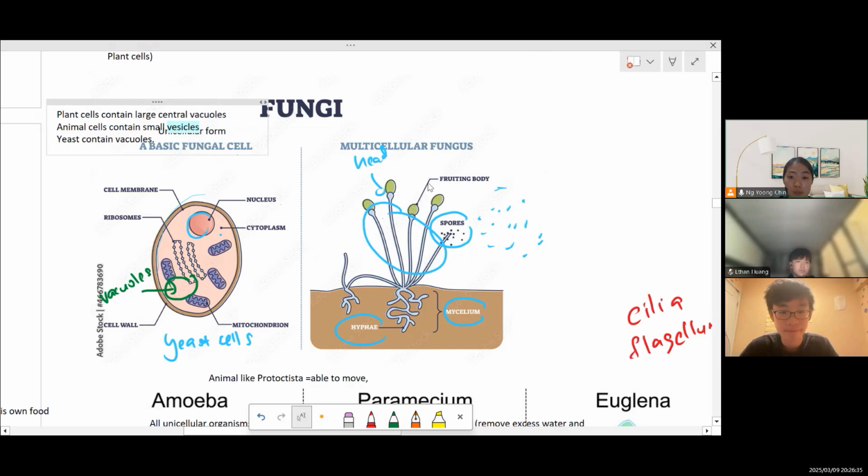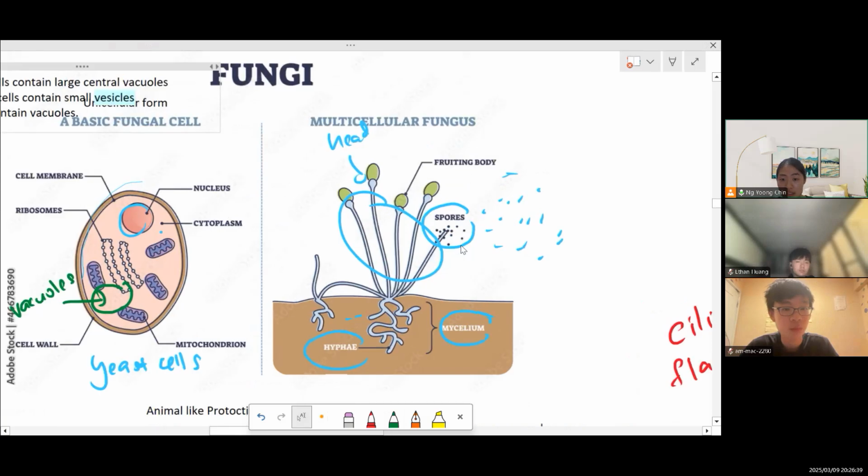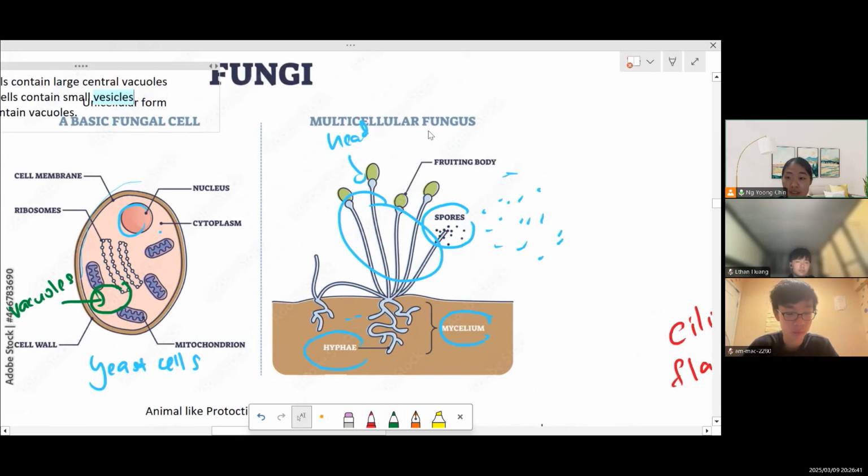Okay, so when we look at the multicellular fungus, you can see this fungus just grows like a plant because it has this fruiting body. And the roots of this fungus are referred to as the hyphae. This hyphae is just like the roots in an actual plant, so they can penetrate very deep into the material.